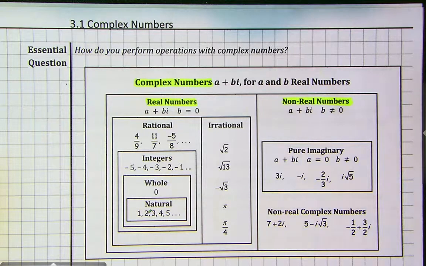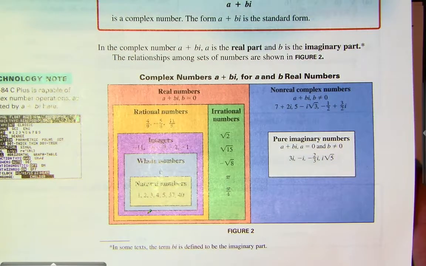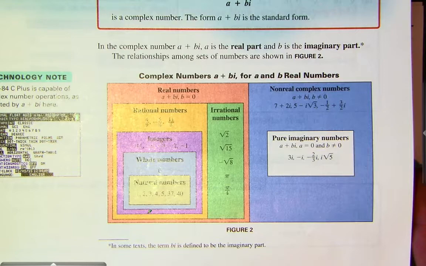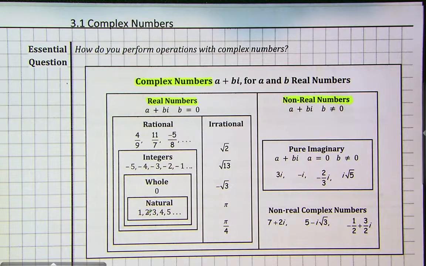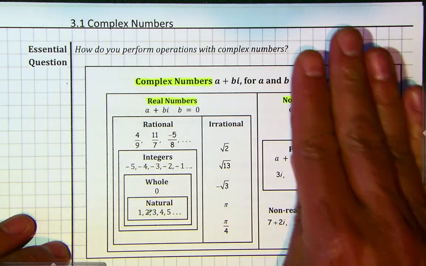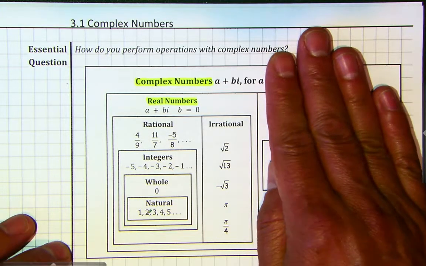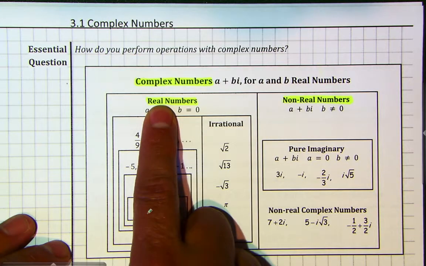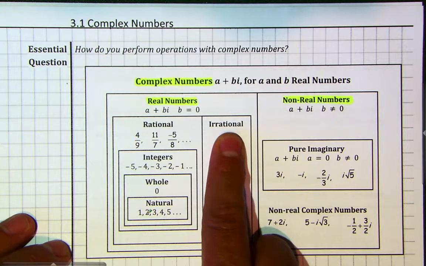If you look in your textbook, you'll see a little more colorful picture of it, where we have your real numbers and non-real numbers. Real numbers was everything that you covered in Algebra 1, and you learned that real numbers are made out of rational and irrational numbers.